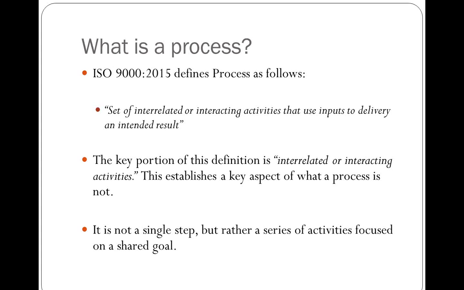That use inputs to deliver an intended result. And the key portion of this is where it says interrelated or interacting activities. And this helps identify a key part of what a process is not. A process is not intended to be a single step. It's a set of activities, a set of steps focused on a shared goal, as opposed to one piece of a process.